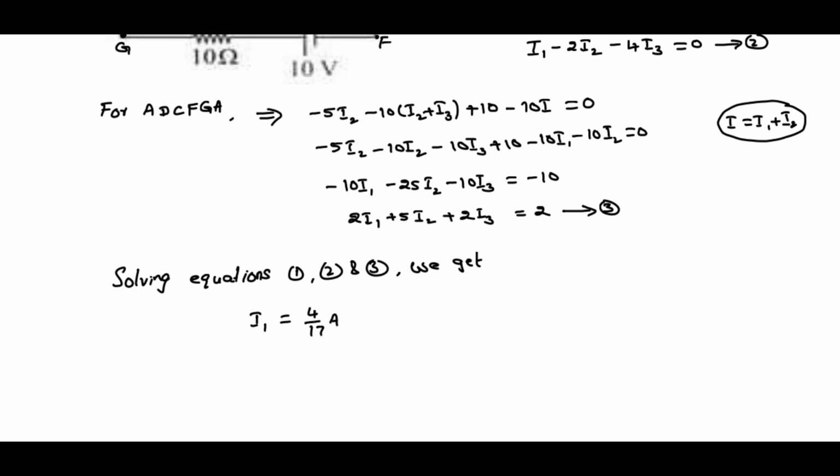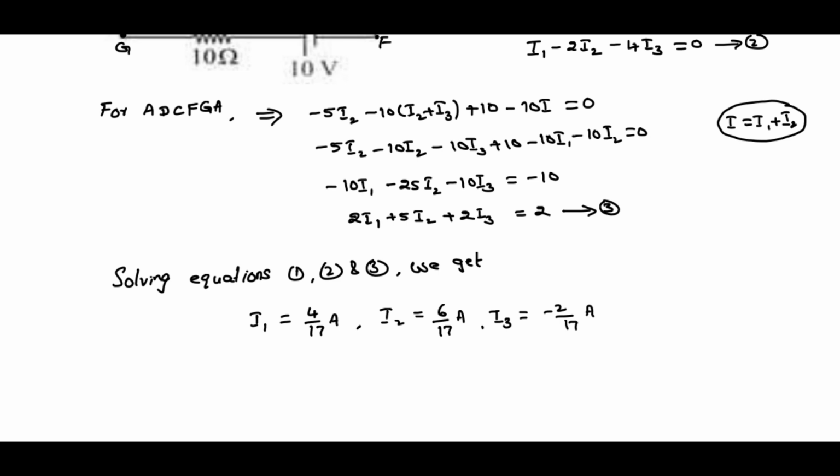Actually here we have three equations, three variables. The three variables are I1, I2 and I3. So three equations with three variables can be solved. After solving, I1 is equal to 4 by 17 ampere, I2 is equal to 6 by 17 ampere, and I3 is equal to minus 2 by 17 ampere.